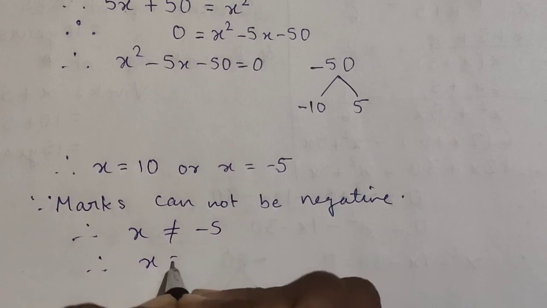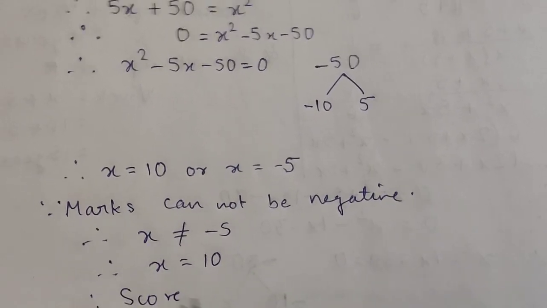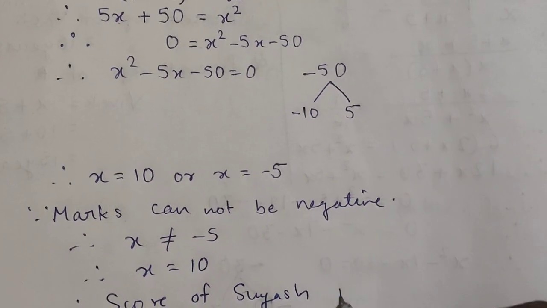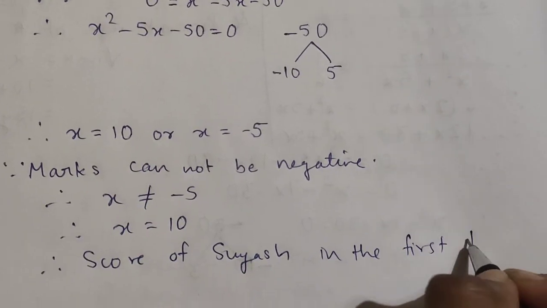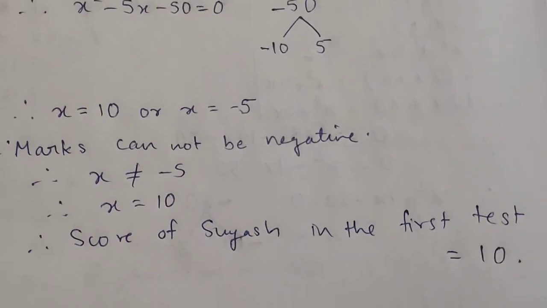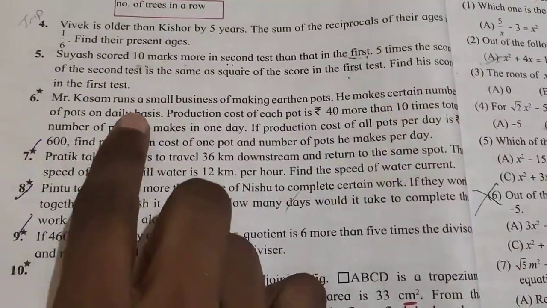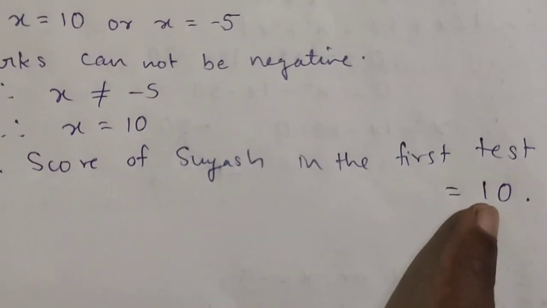So your answer is 10 and you need to write your answer. So the score of Suyas in the first test is equal to how much? 10. And you need to write this much only, because in the question what is asked here, find the score in the first test. So we have written our score in the first test, that is 10.